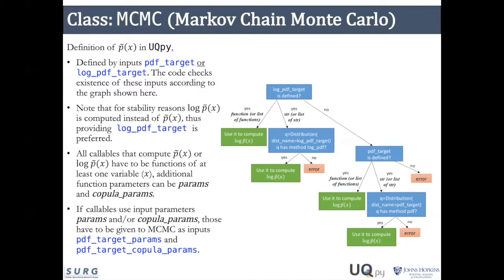All the callables that we are defining here must be a function of at least one variable x, and they can also be a function of additional parameters, params and copula_params. In that case, you would need to give those parameters as input to MCMC as pdf_target_params and pdf_target_copula_params. So this is how you define your target distribution.